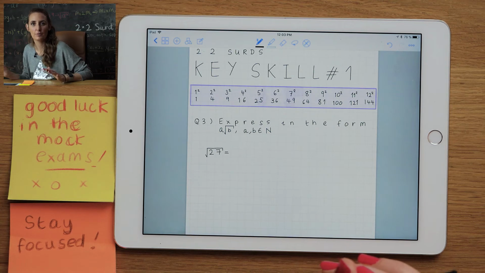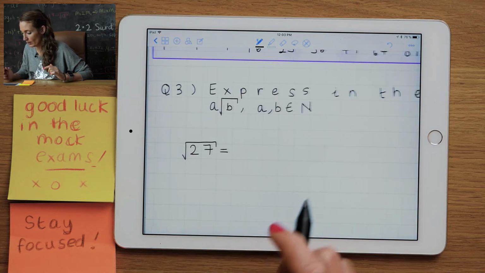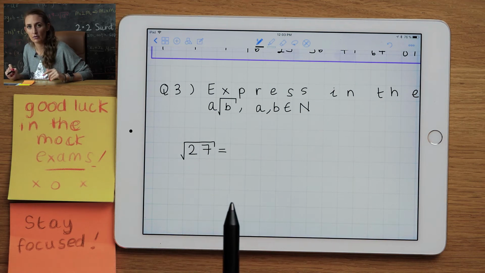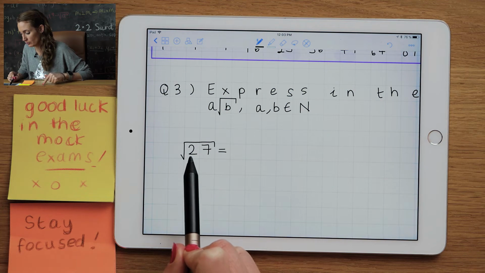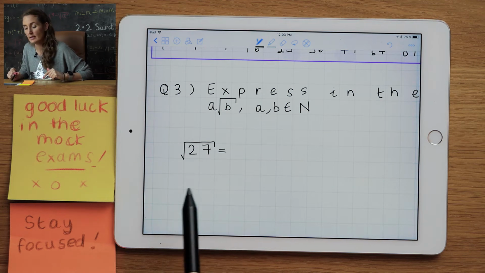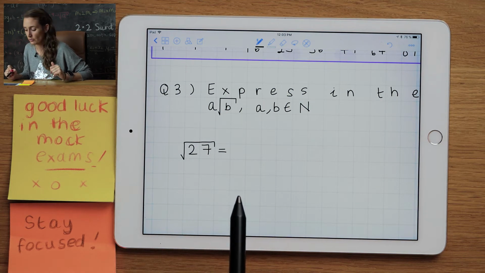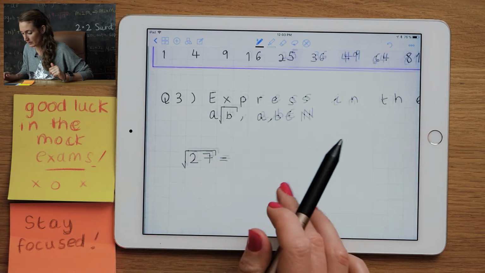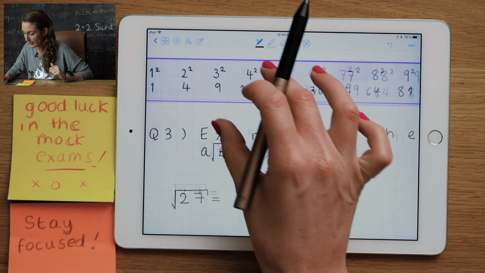For our third example, we're going to use another one of our divisibility rules to see which number will go into 27. If you want to see if something can be divided by 3, you add the digits, for example 2 plus 7 is 9. That number is in the 3 times table, so that means 27 can be divided by 3. So if we look here, 3 squared is 9.